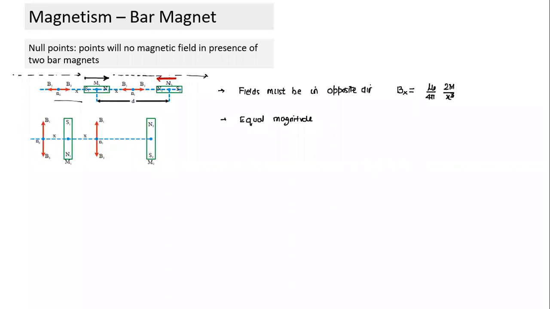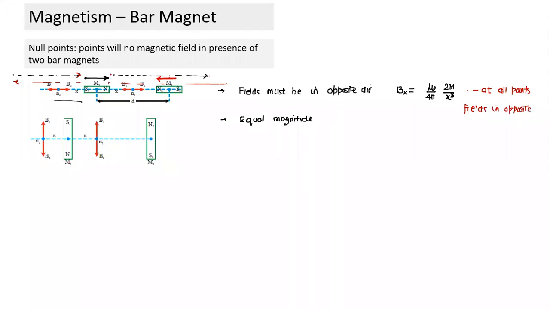And how about the direction of field due to M2? The direction of field due to M2 will be from right towards left. So everywhere this is rightwards, everywhere this is leftwards. This basically tells you that at any point on the axis you choose, the fields will always be in opposite directions.